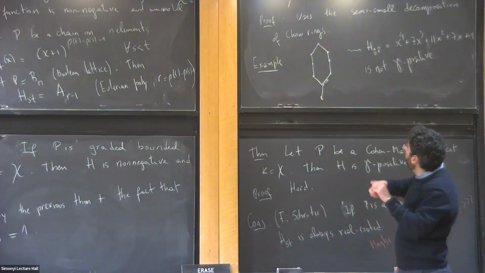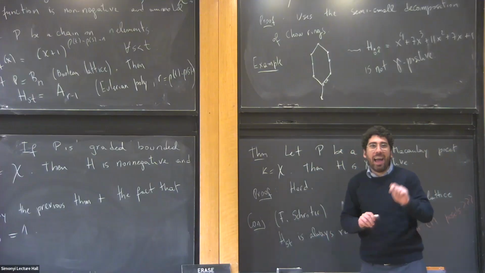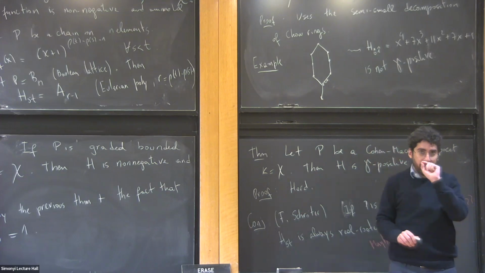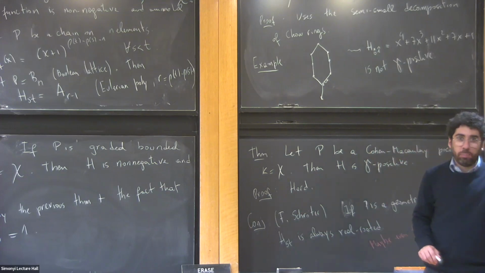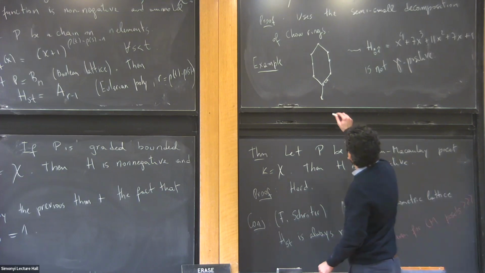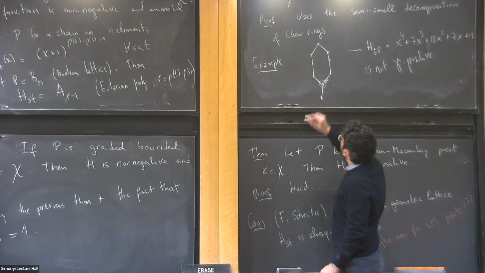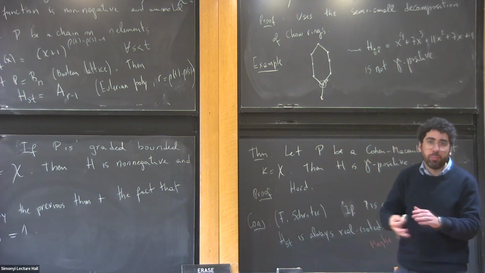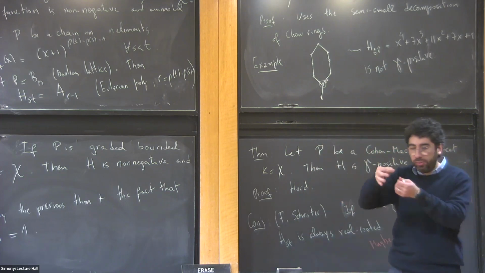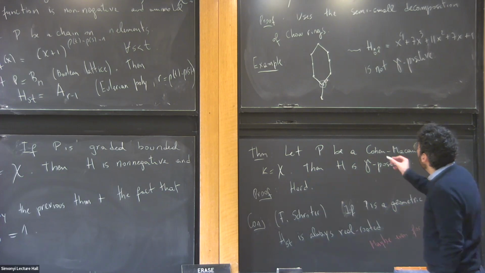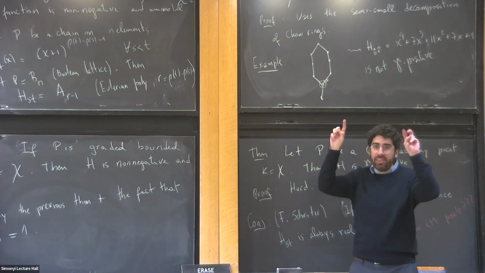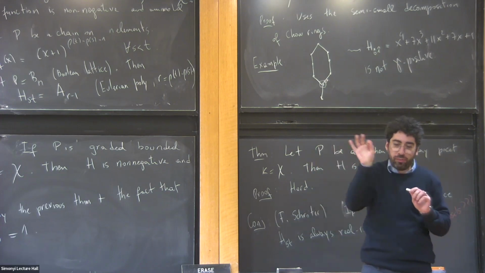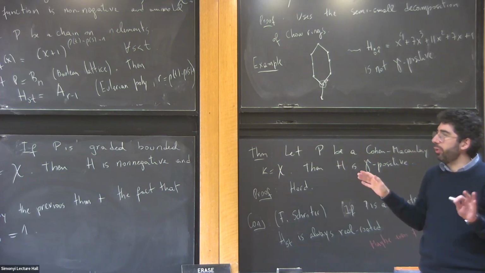Whenever you have a poset that has an element that compares to all the elements in the poset, for instance, here you have one element that compares to everything. Of course, the 0 and 1 compare to everything, but typically in matroids they are the only elements that have this property. So whenever you have an element in the center of the poset, that doesn't work.